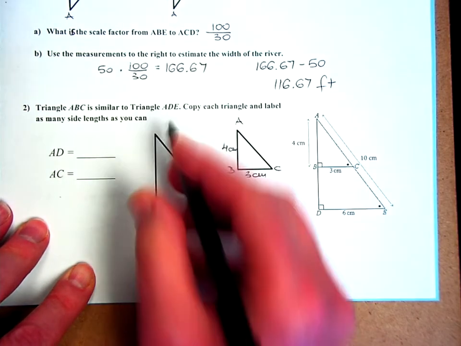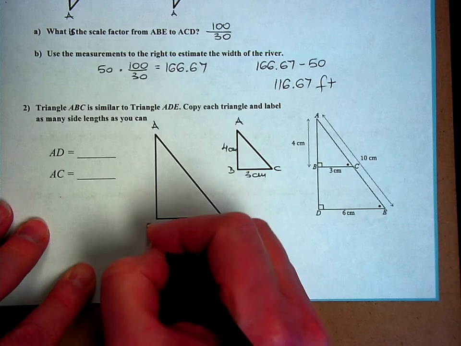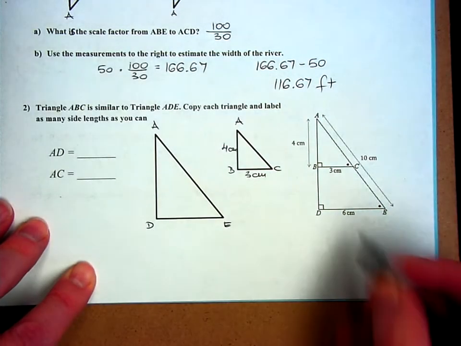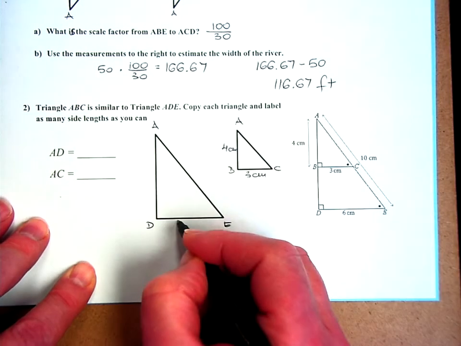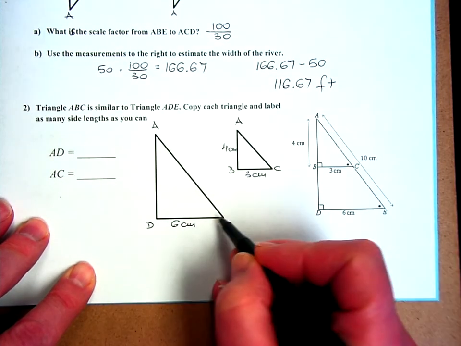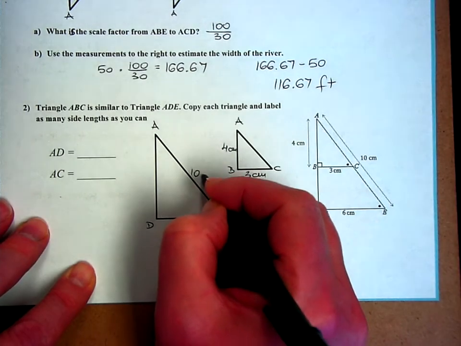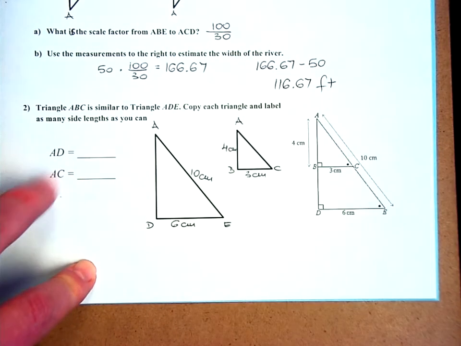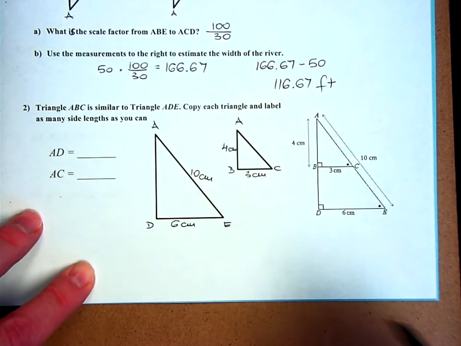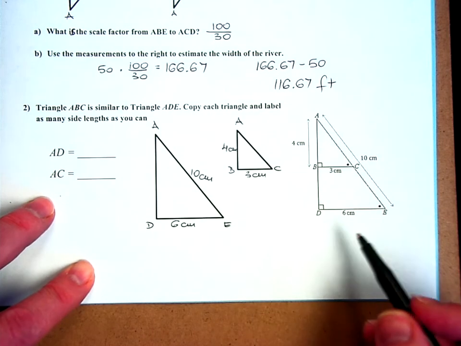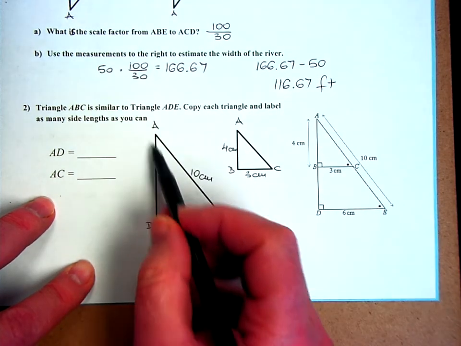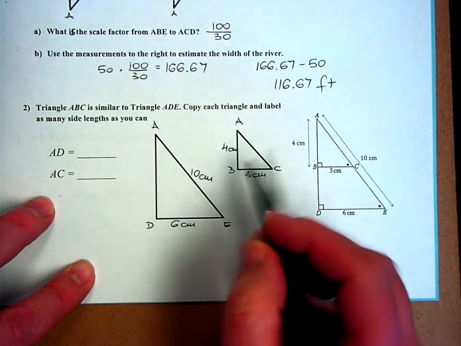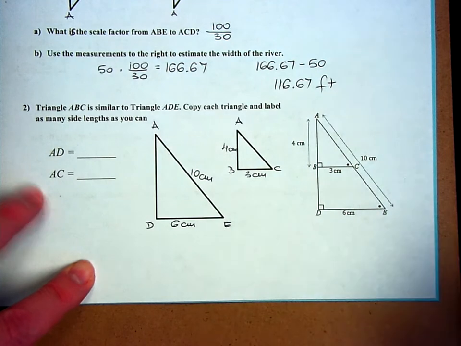On the big triangle, which is triangle ADE, I know the bottom side, which is 6 centimeters, and I know this long side, which is 10 centimeters. I need to find this side AD. So I will obviously need both scale factors, because I need to find one side on the larger triangle and one side on the smaller triangle.